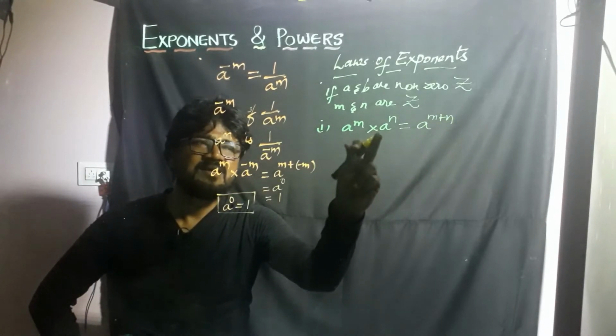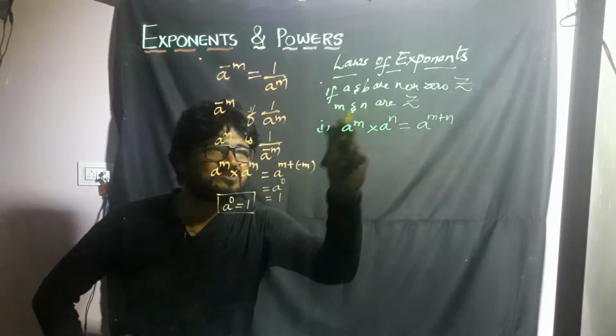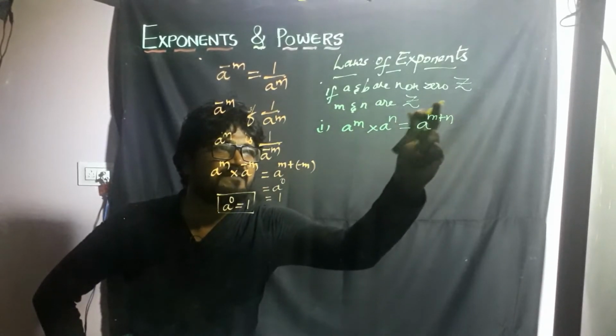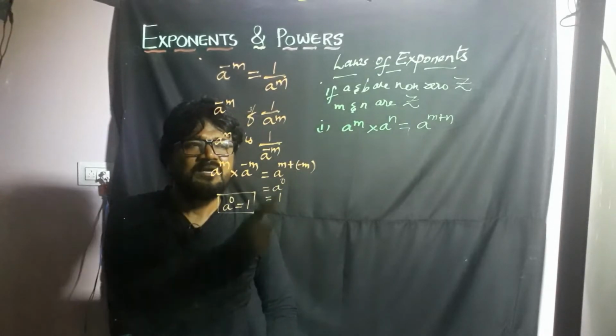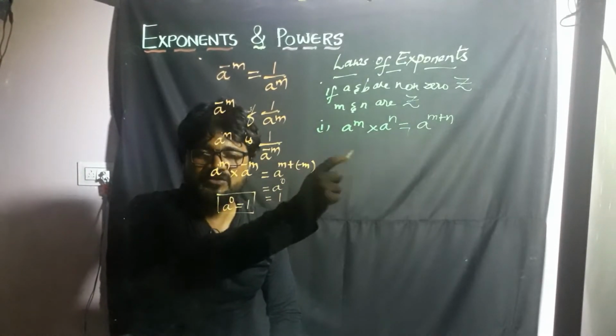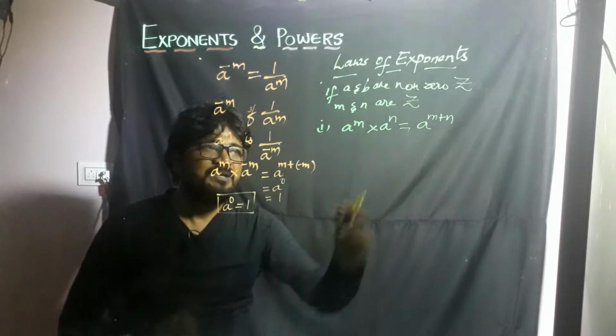Here a is the base and m is called the exponent, and the total product is known as the power, that is, a to the power of m plus n is the power.